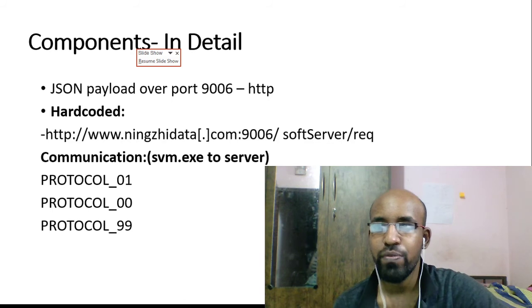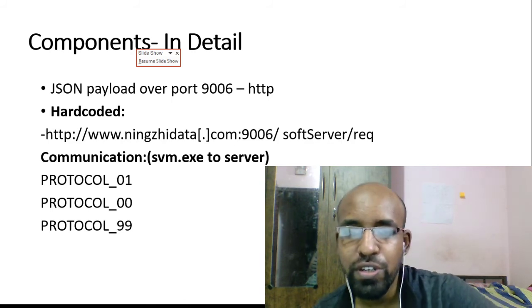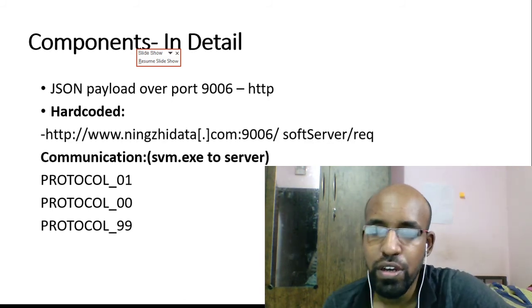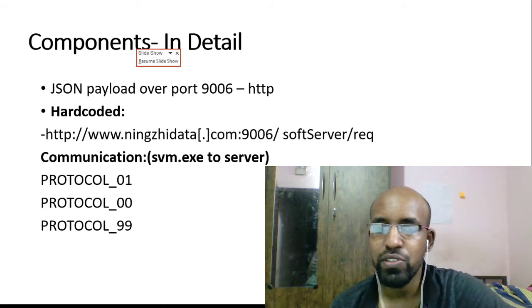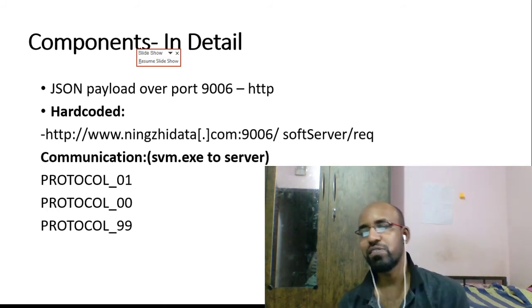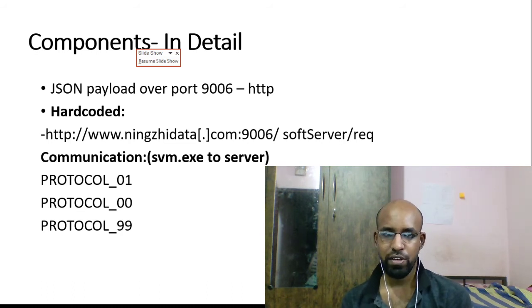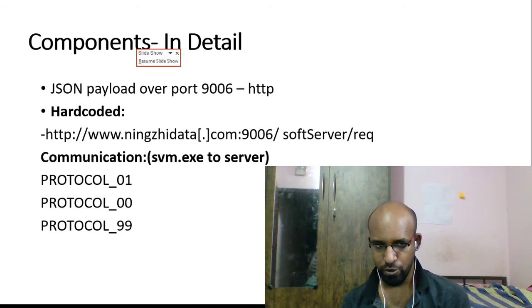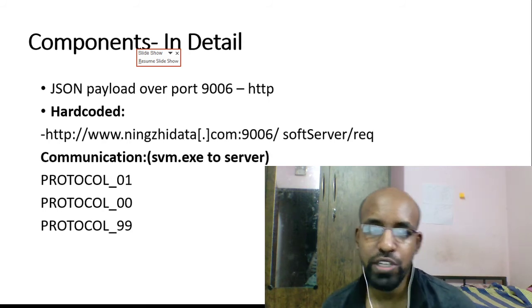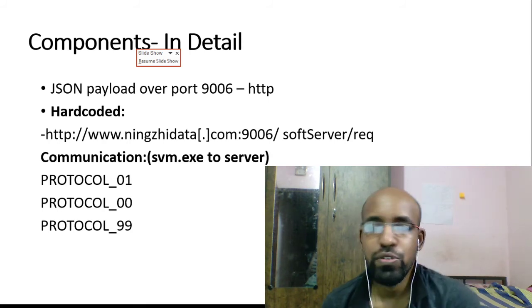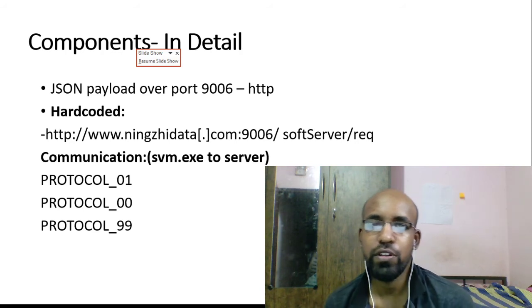When it's protocol 00, it is requesting or reporting commands from the server. And in protocol 99, it is asking for the software update list, what software it is looking for to download, and the download location for each software it's going to download and install in our environment.